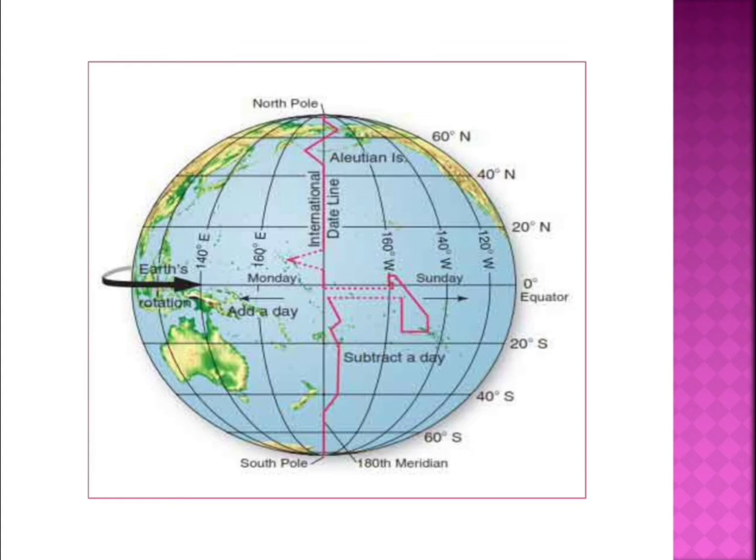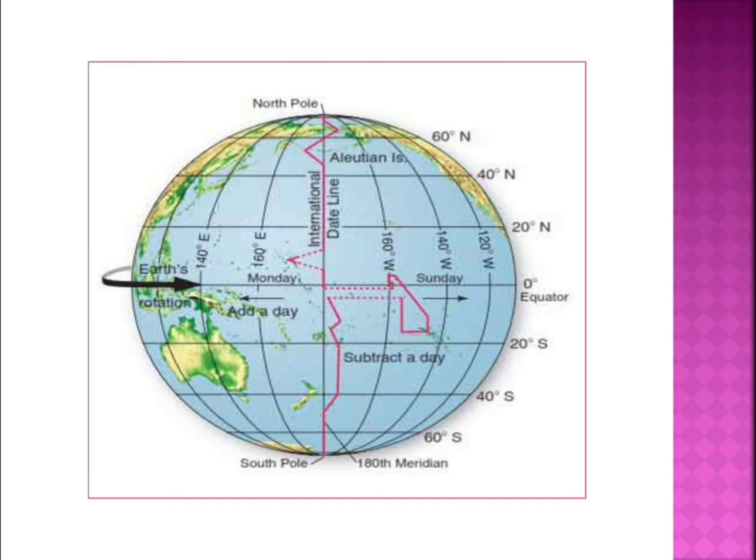The eastern hemisphere degrees and the western hemisphere degrees meet, which is 180 degrees east and 180 degrees west, and that is called the international date line.